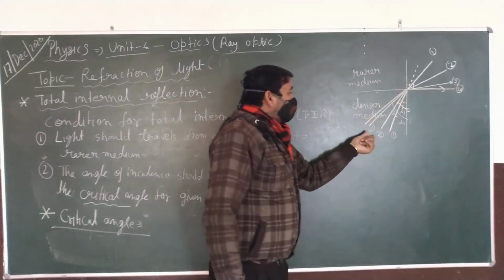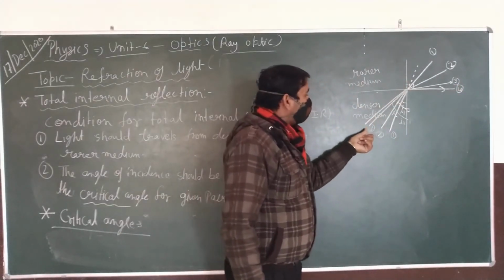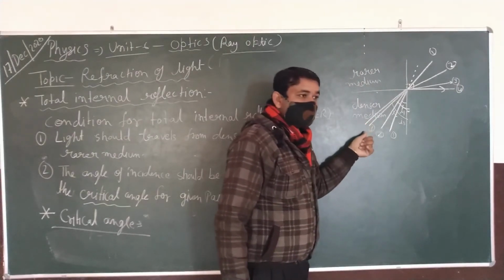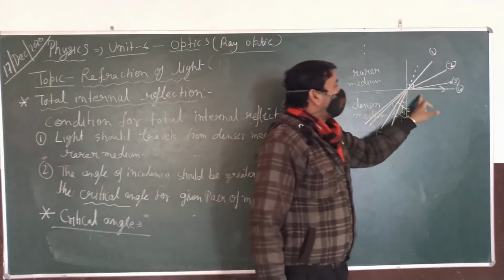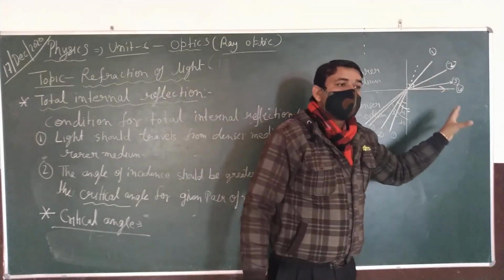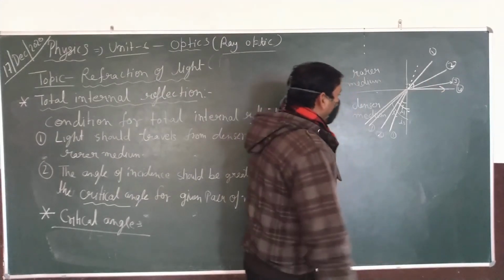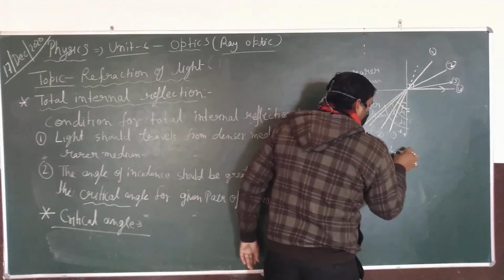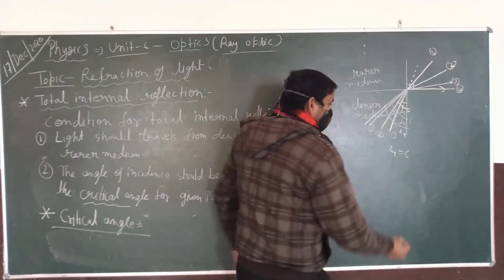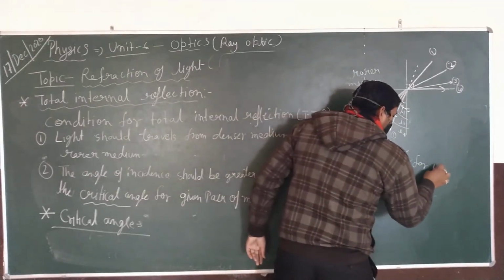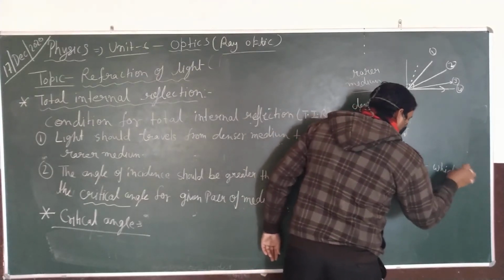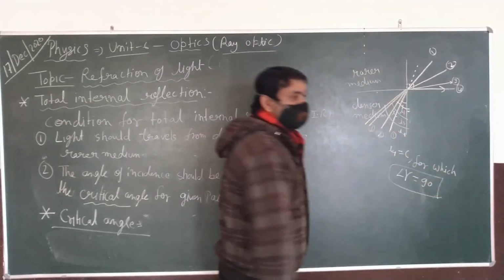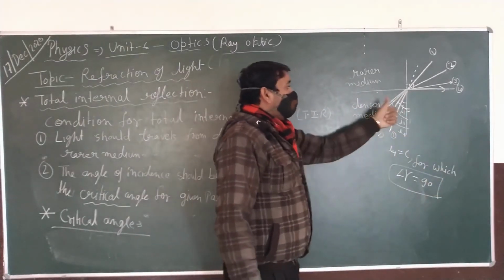So this is the last value of the angle of incidence for which the refracted angle in the rarer medium becomes 90. So this angle I4 is equal to the critical angle, for which the refracted angle becomes 90.